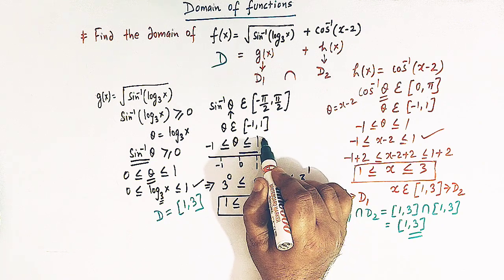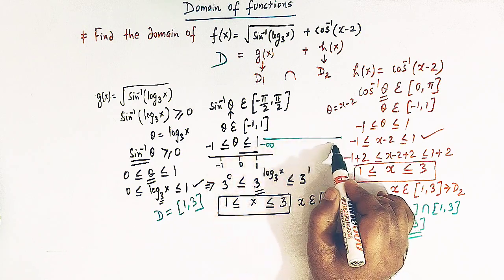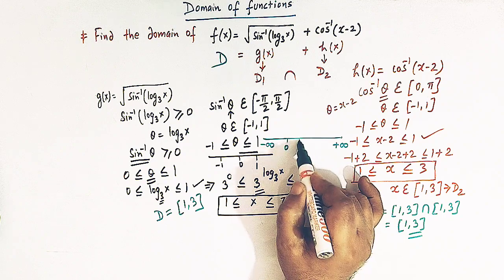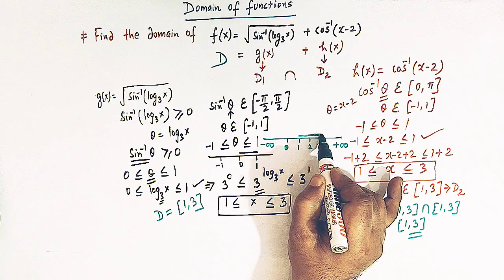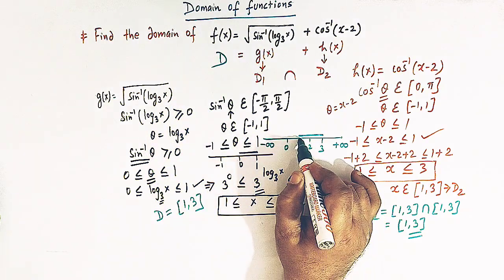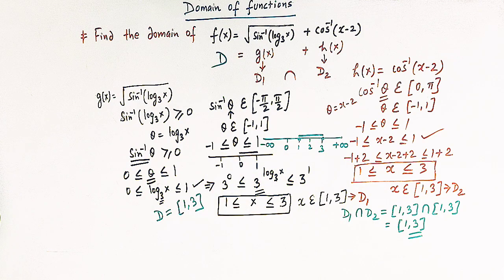So if we express this domain on the number line, here we have minus infinity, here we have plus infinity, then here we have say 0, then we have 1, 2 and 3. Then this is our domain of this function f of x, including both these points 1 and 3, right? So this is how, by making use of all these concepts, we can find out the domain of these kind of functions.